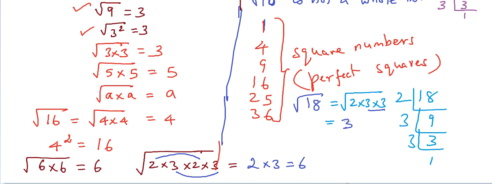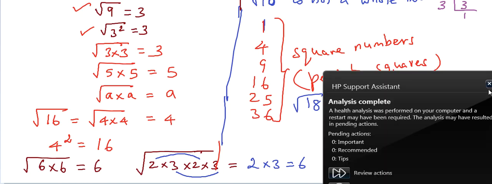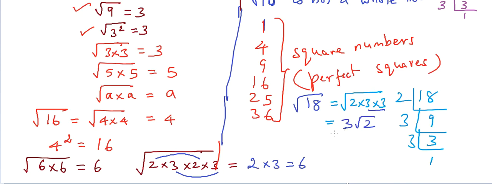So we write it as the square root of 2. So we get 3 root 2. Therefore the square root of 18 is 3 root 2, which is not a whole number.